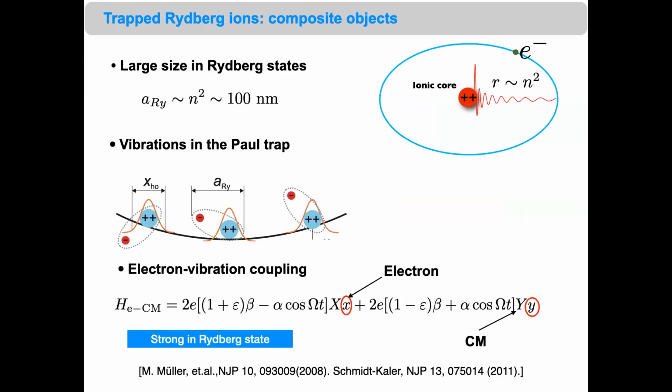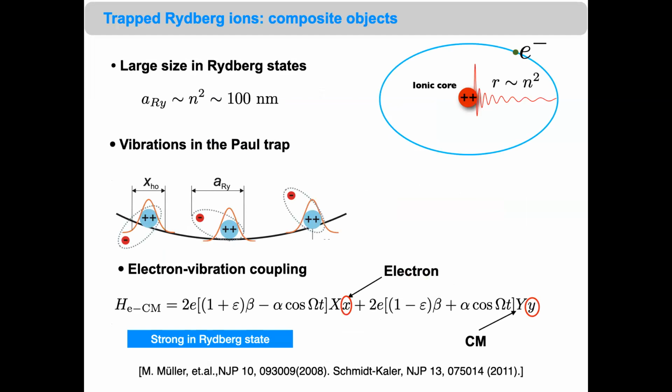Not only is the interaction modified, but because we have a trap, and the size of the Rydberg electron orbit is large, typically proportional to n to the power 2, it can be a few hundred nanometers.